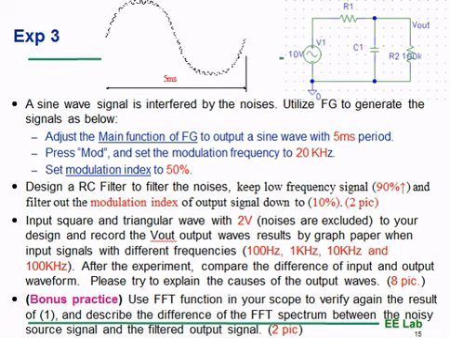Experiment 3. We will input a signal with noise to a low-pass filter. This signal can be generated using the function generator with the following settings. Then, design an RC filter that will keep the low-frequency signal and filter out the high-frequency signal.